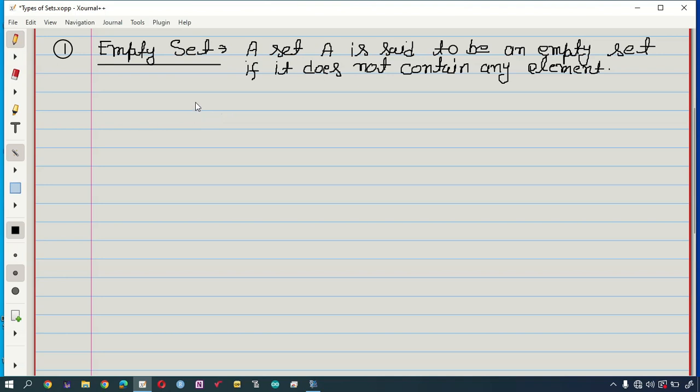A set A is said to be an empty set if it does not contain any element. That means in set A there is not any element. It is denoted by either phi or curly braces, an opening curly brace and a closing curly brace, in which there is no element.